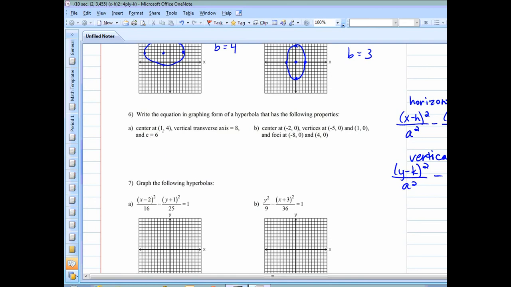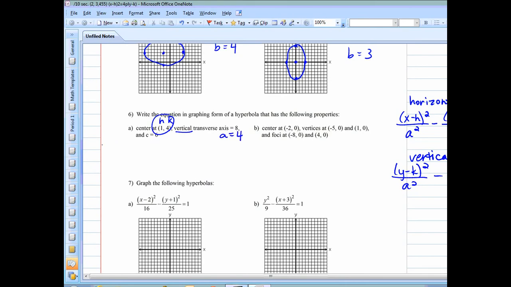The 6A, we have the center given at 1, 4. It's a vertical transverse axis, which is 8. So I know it's vertical. I know my center, which is H, K, and I'll need that for my answer. The vertical transverse axis, that's the total, so that means that A would be half of that, which is 4.